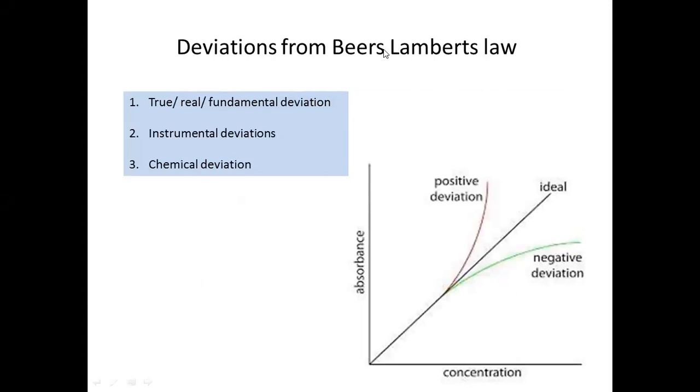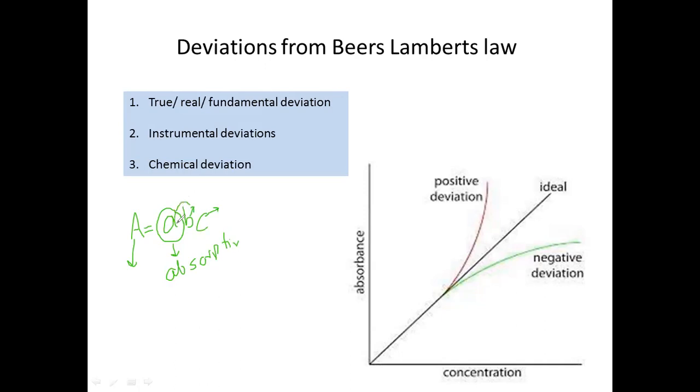So we have studied Beer-Lambert's law, which states that A is equal to abc, where capital A is absorbance, small a is a constant at a given wavelength, and this is absorptivity. b is the path length and c is the concentration.